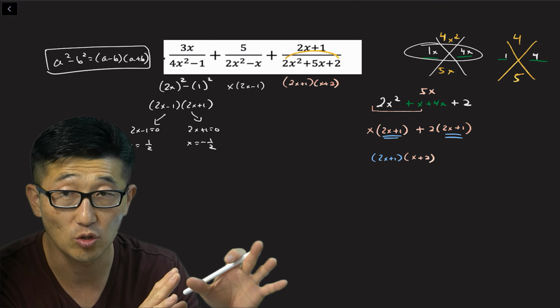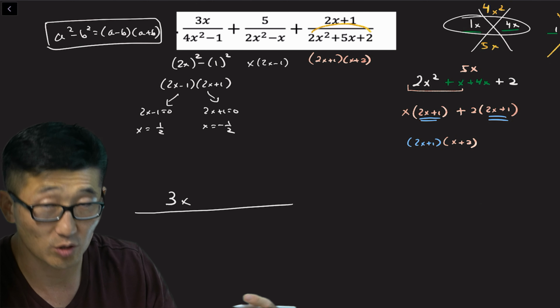So what I'm going to do is rewrite this whole expression with our factored form, and then take a look at what we need for our common denominator. So this will become 3x over, and I'll just make this a little bit bigger.